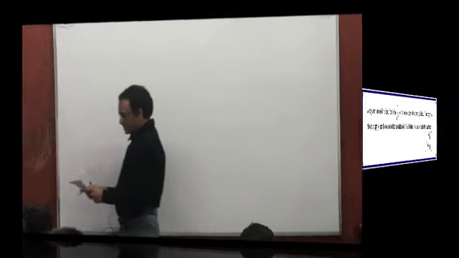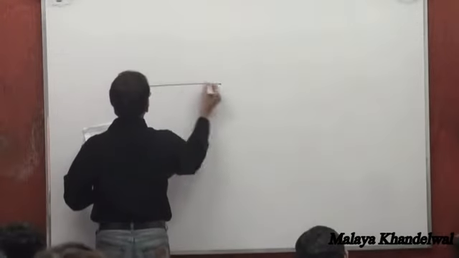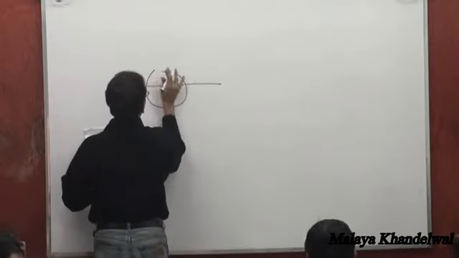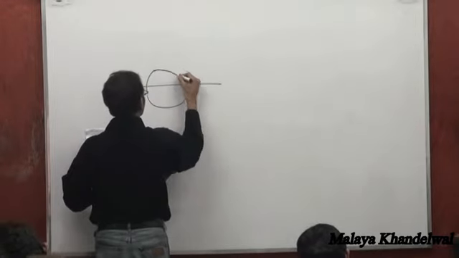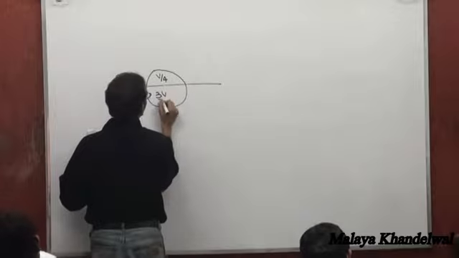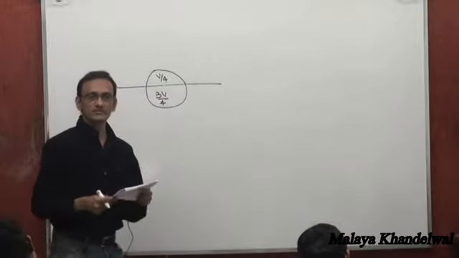A body when immersed in a liquid floats with 1/4 of its volume above the liquid surface. So say V was the total volume, then V by 4 would be above the liquid surface, 3V by 4 would be below the liquid surface.